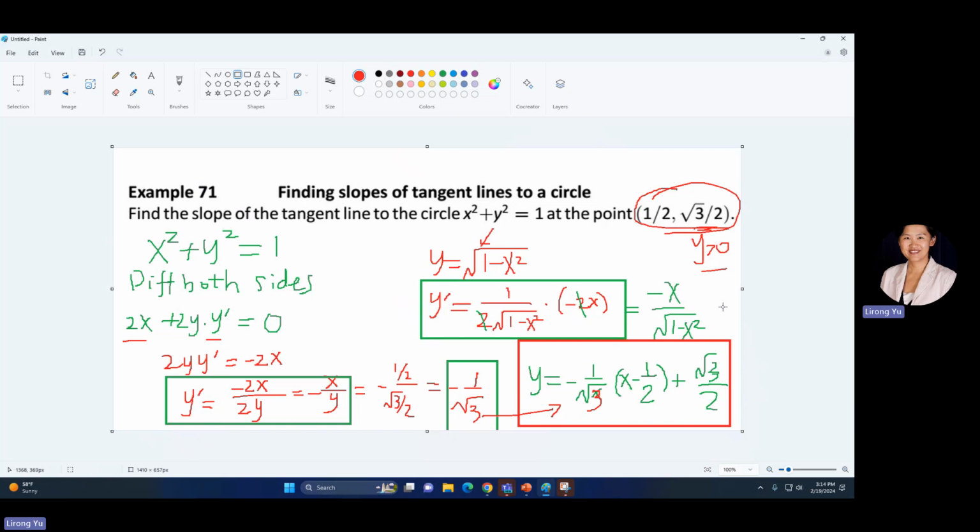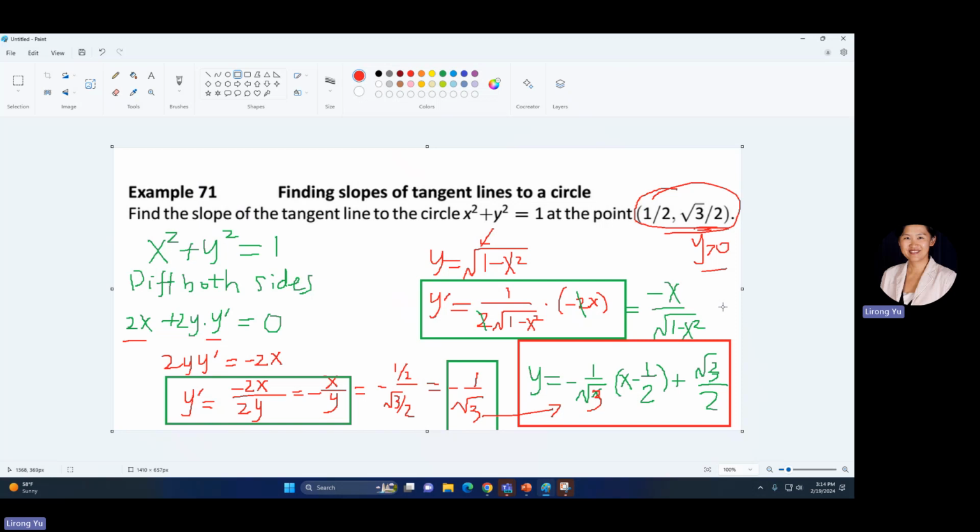We're not supposed to have any y here. You know they're actually the same because the root of 1 minus x squared is the y value. But they do provide the same answer no matter which method you use.